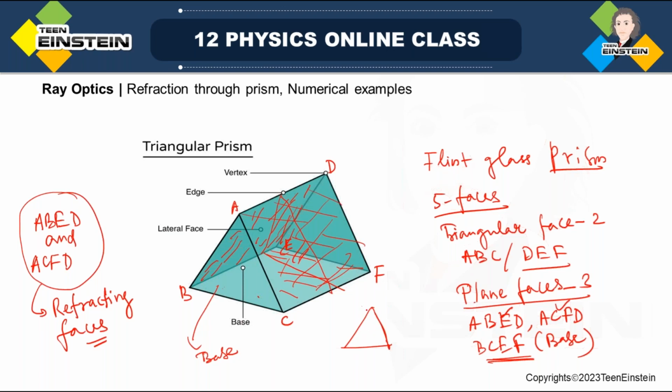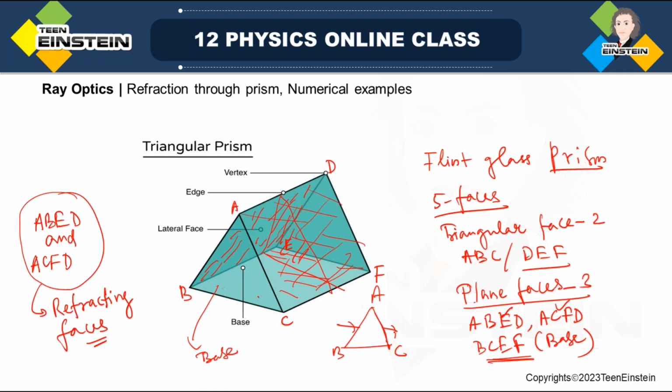AB is one face through which the light enters, and AC is the other face through which it is transmitted.